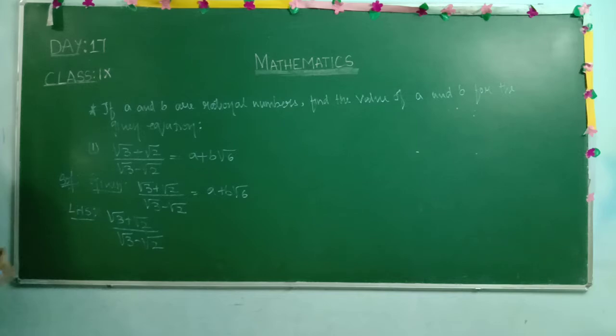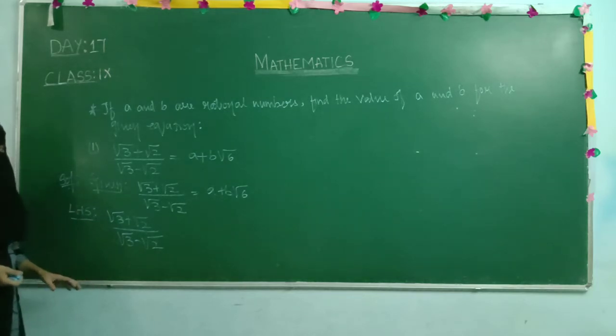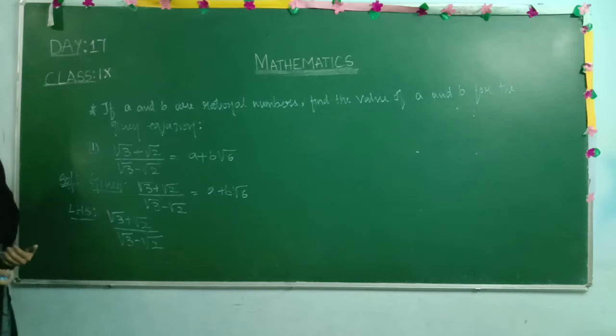The process is, first we have to do the rationalization. To do the rationalization, first we need to take the rationalizing factor. Once we know the rationalizing factor, then we are able to do the rationalization. After rationalization, we will get one form. That we need to equate with the RHS part. When we are equating with the RHS part, we will get the values of a and b. Okay, so this is the procedure.